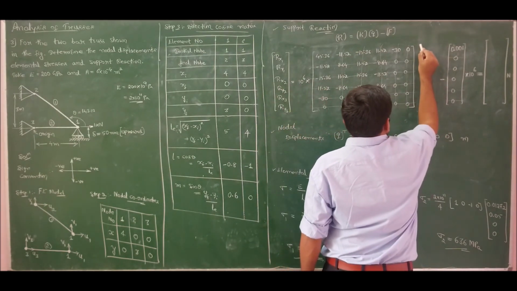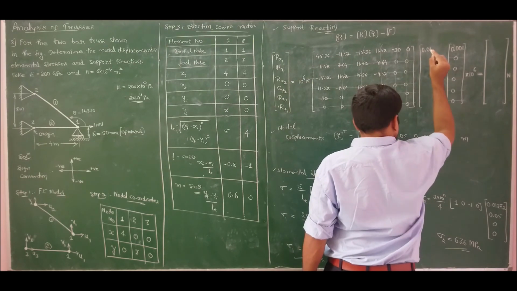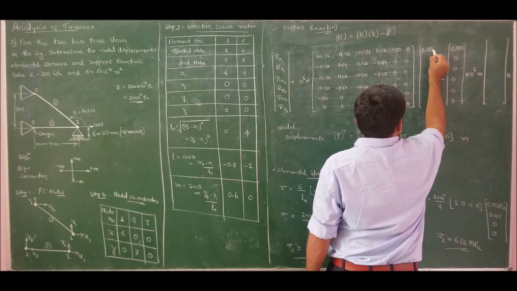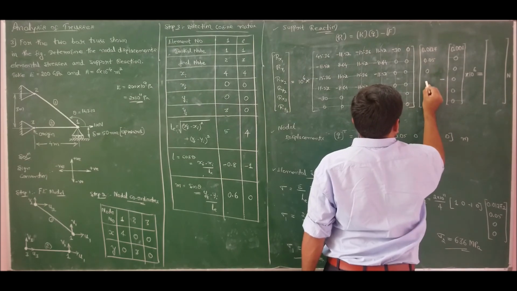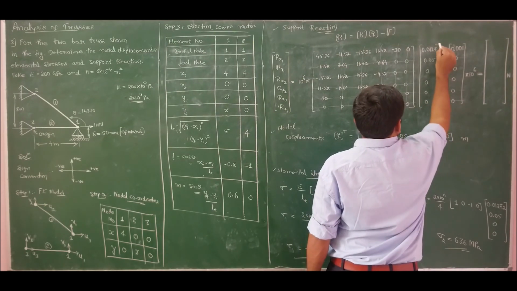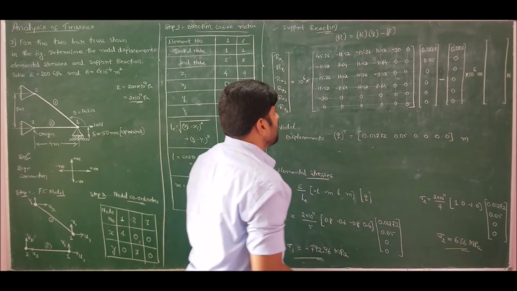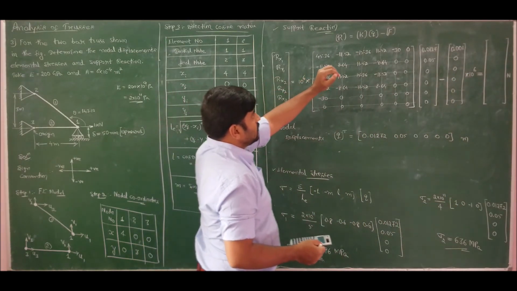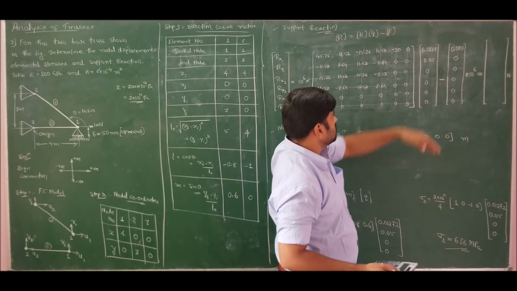The Q matrix is given by 0.0127, 0.050000, and so on. Q matrix minus F is equal to R. If you clearly observe, only the first two elements will get multiplied, the remaining are all 0.